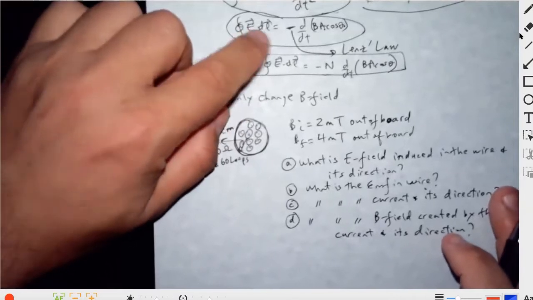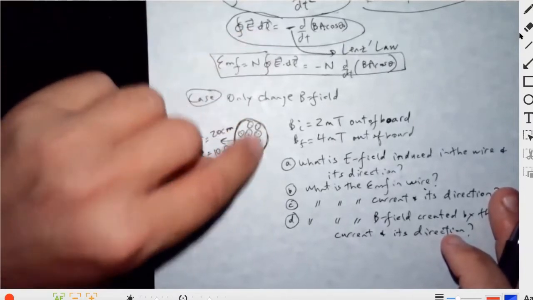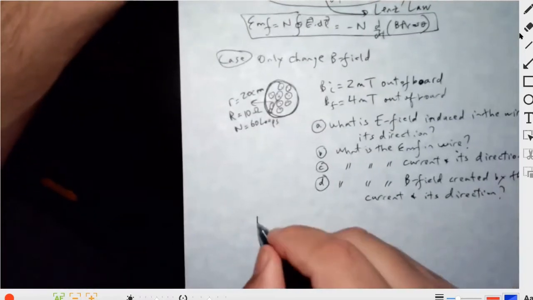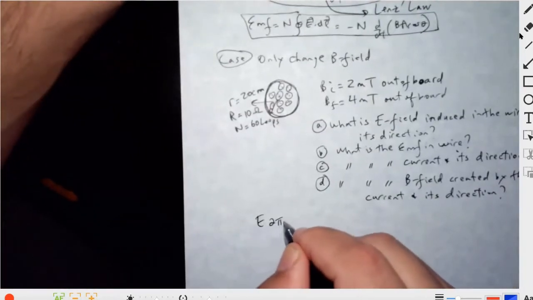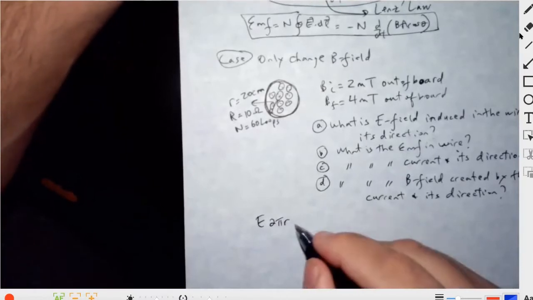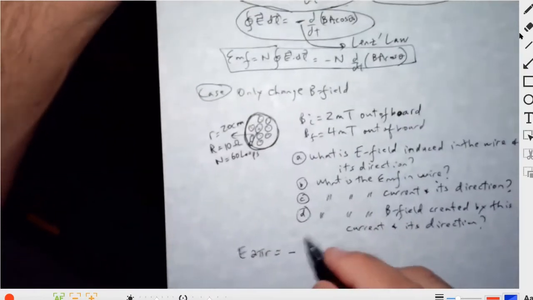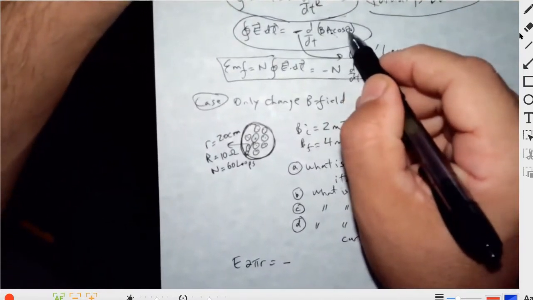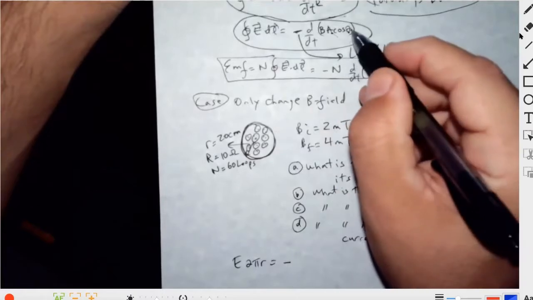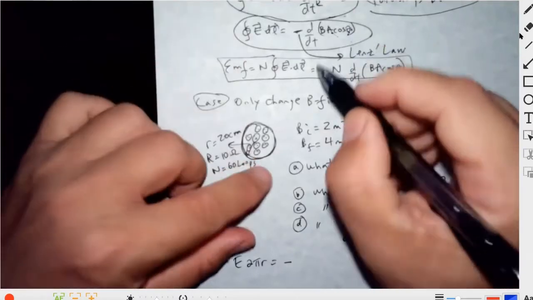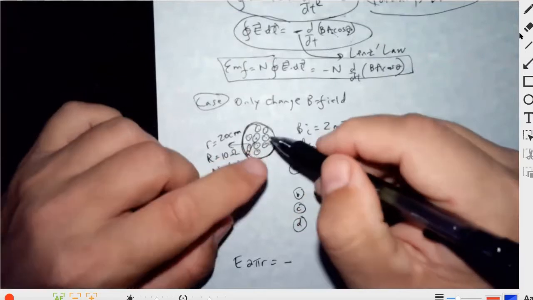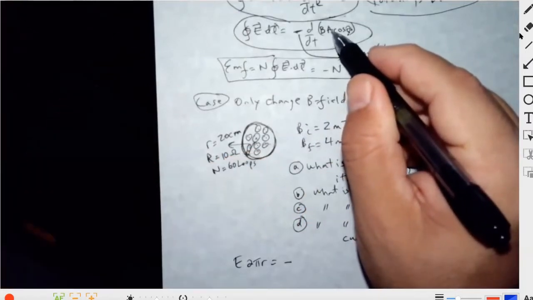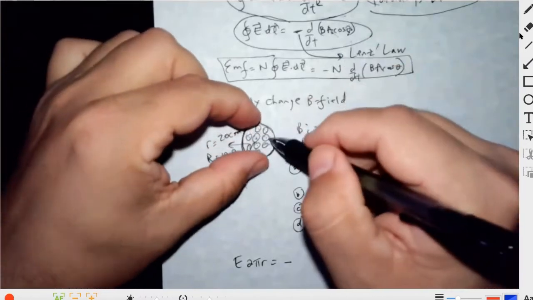So then you just literally have this equation, E times 2 pi r, the integral of E dot dl, and that's going to equal negative. In our case, the area is constant. The B vector is coming out of the board, and we're going to make the default area vector out of the board.